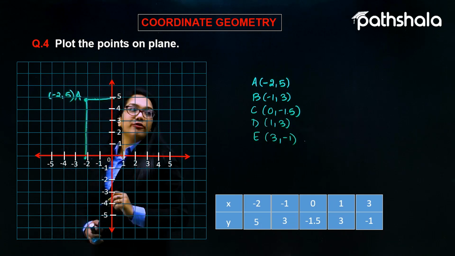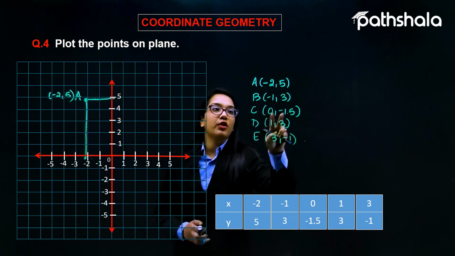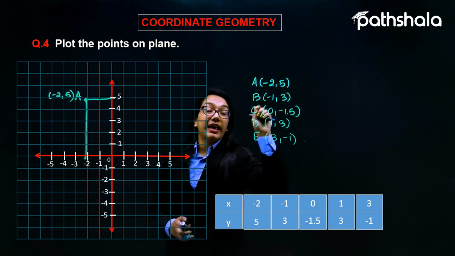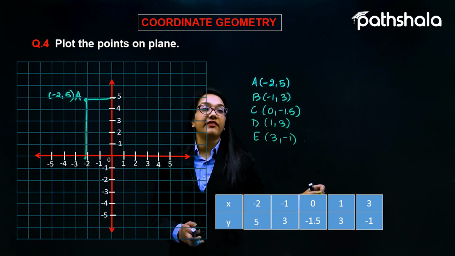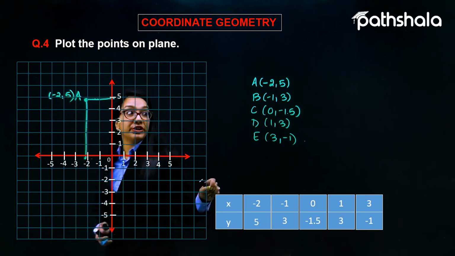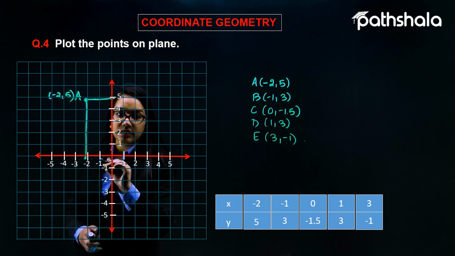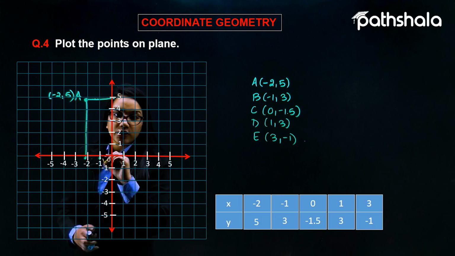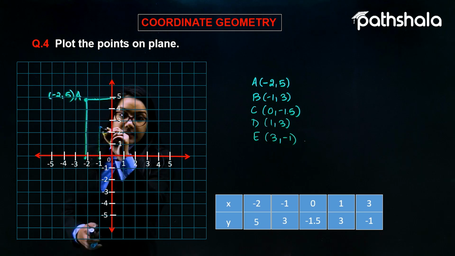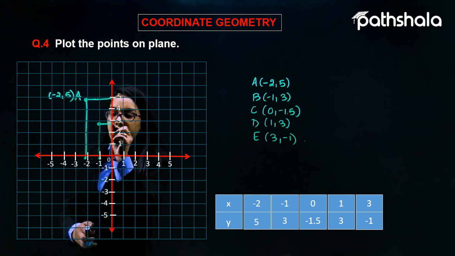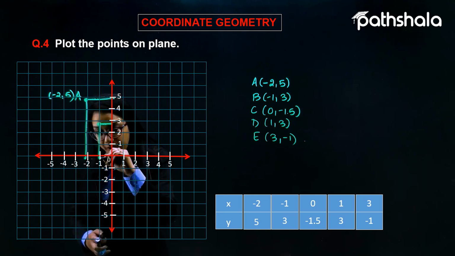Now let's move on to the point B, having the coordinates -1 and 3. Again, it is negative, positive, which means it lies in the second quadrant. So -1 is over here, and further we want to go till 3. Let's extend it till 3 and draw the perpendicular distance from 3, and this is from -1.